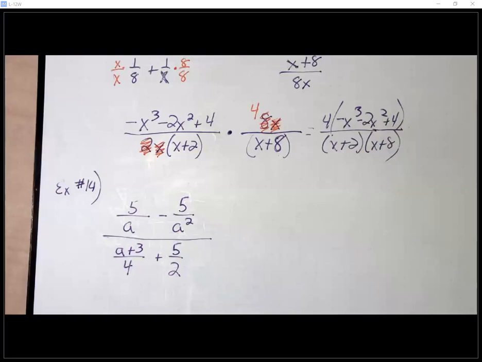The bottom's right. So you can't simplify it.